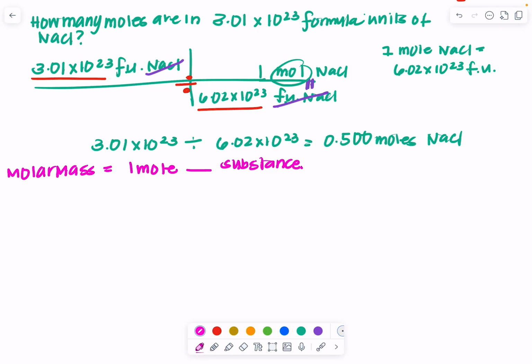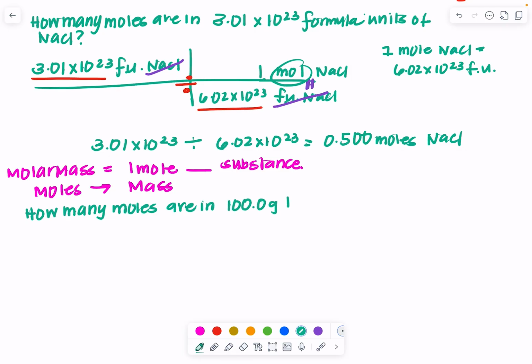But my question is, let's say we want to go from moles to mass. Okay? And let's say, how many moles are in 100 grams of H2O.